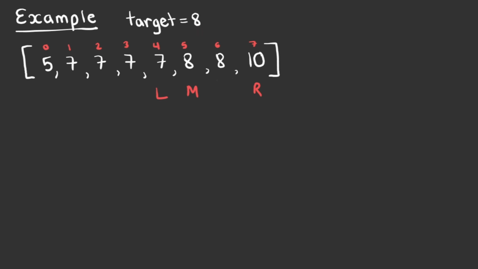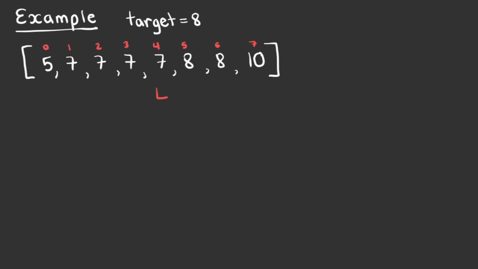But since we want to, in the end, return the left pointer, we have to reduce the right pointer because it's going to end up at the first occurrence. So the right pointer is going to be equal to the midpoint.